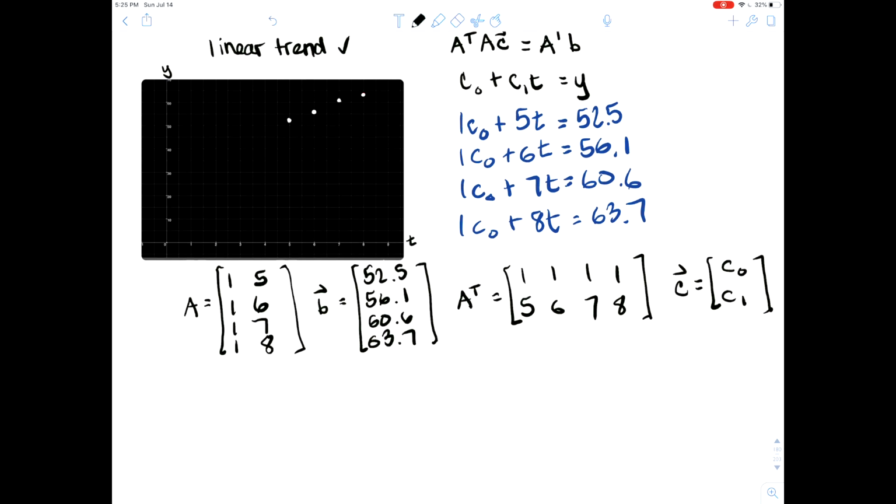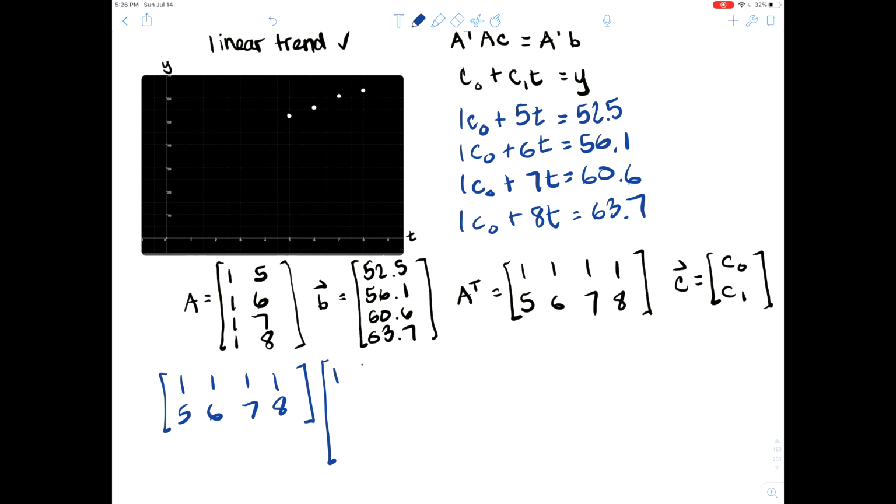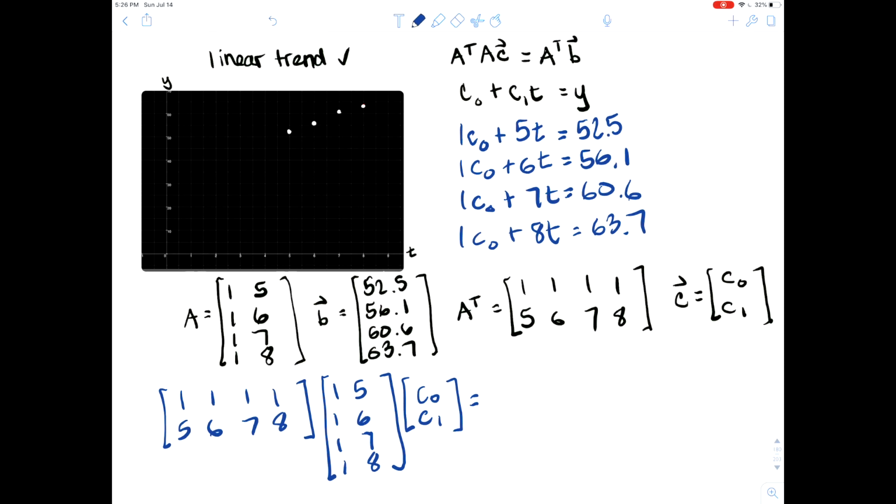A transpose times A times C is our left side. So we'll have, and that's got to equal A transpose times B. So I'll have 1, 1, 1, 1, 5, 6, 7, 8.